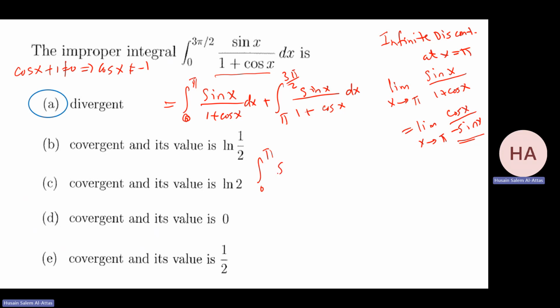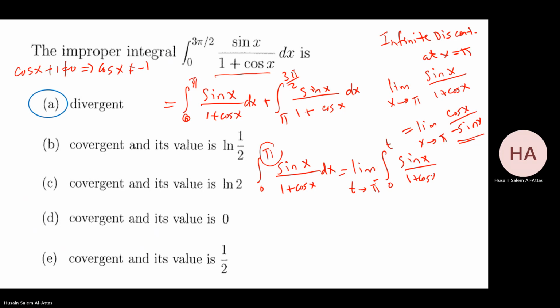Let me do this one. We have a problem with the pi, and that will be the limit as t goes to pi from the left of the integral from 0 to t of sine x. Let me do this integral here.